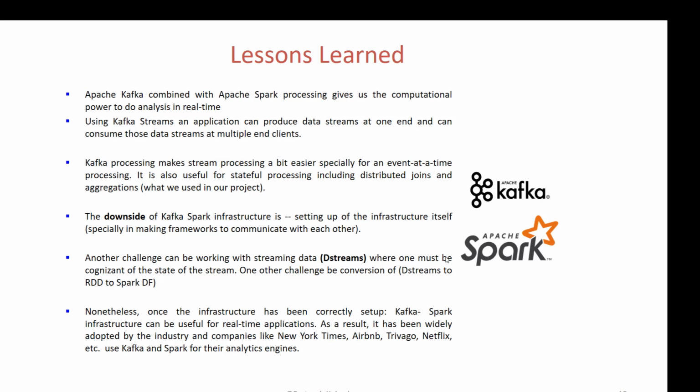You have to convert DStreams to RDDs, and RDDs to Spark DataFrames. Otherwise, you want to see the current state and whether you are able to maintain the state or not. That is another bigger issue you have to handle. But nonetheless, once the infrastructure has been set up correctly, you can use it for real-time applications.